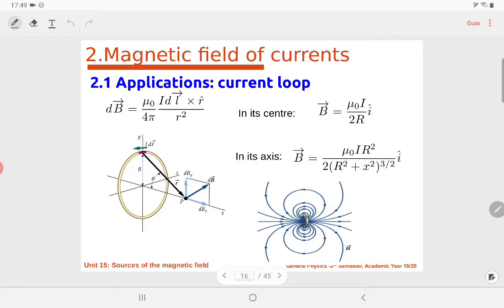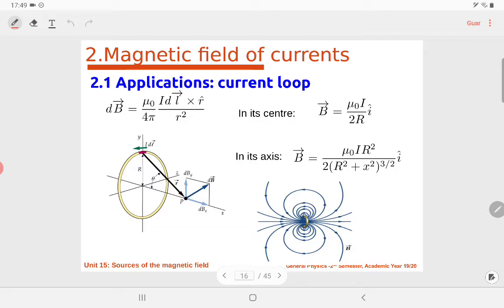The whole 4 fingers in your hand have to go making a loop in the same direction as the current, and then your thumb is left pointing towards the magnetic field.